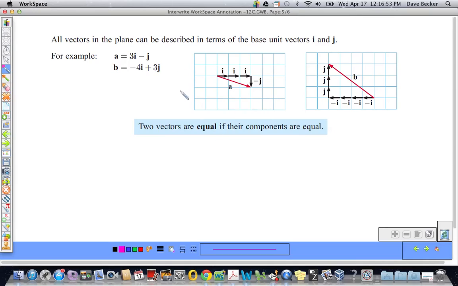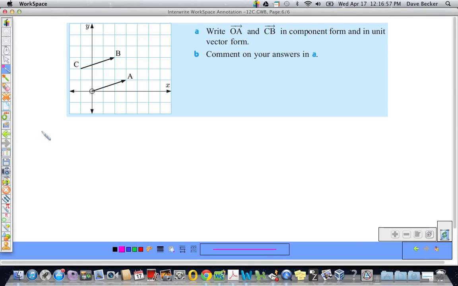So we have unit vector form, we have component form. It's awesome with a capital A. And so we're going to write OA, and anytime you have an O, that is the origin, and CB in component form and in vector form. So OA is going to be equal to, we'll do component form first.